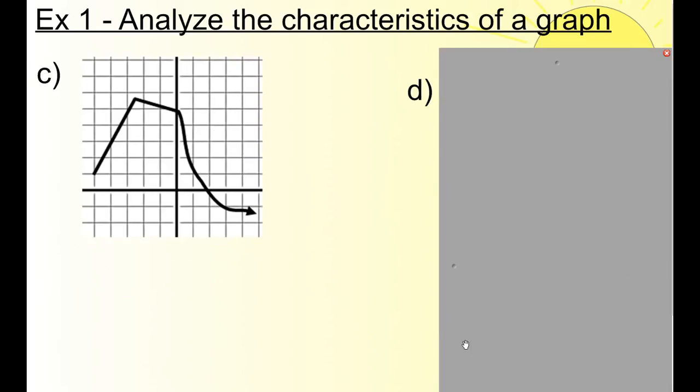Okay, here's letter C. We have this kind of weird looking thing. It's kind of like a plateau or something. And we want to do the same thing. Well, first off, is it linear or nonlinear? Clearly, this is nonlinear. So it's a nonlinear function. All right. Is this increasing or decreasing? Well, this is a little bit of both.